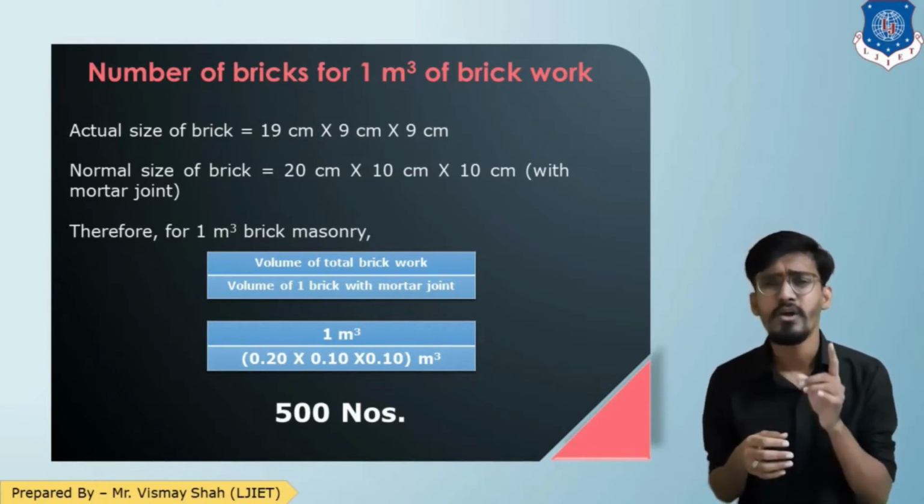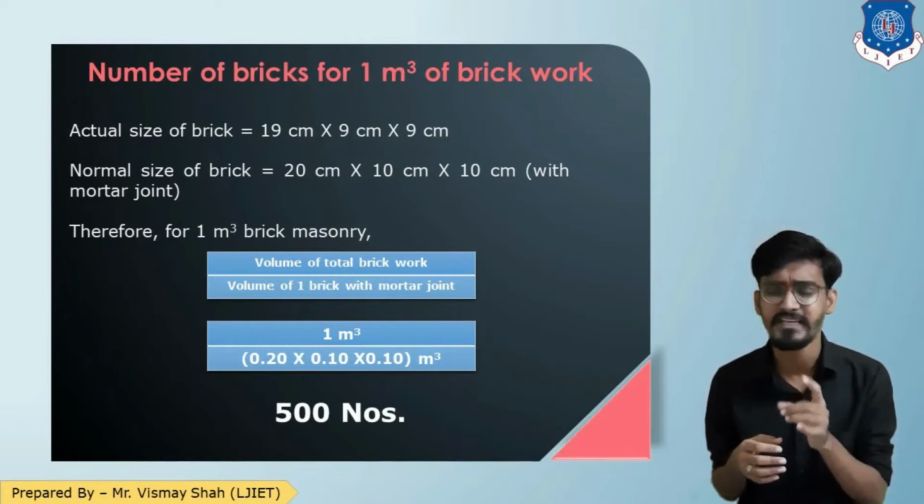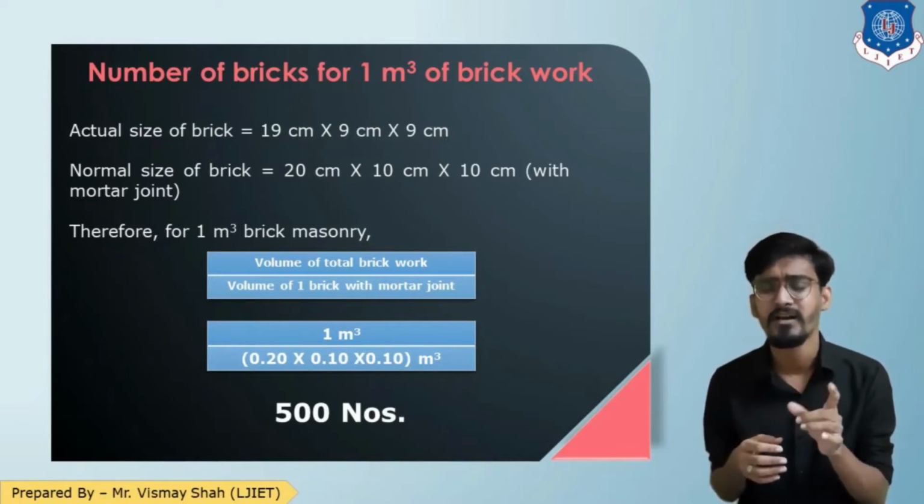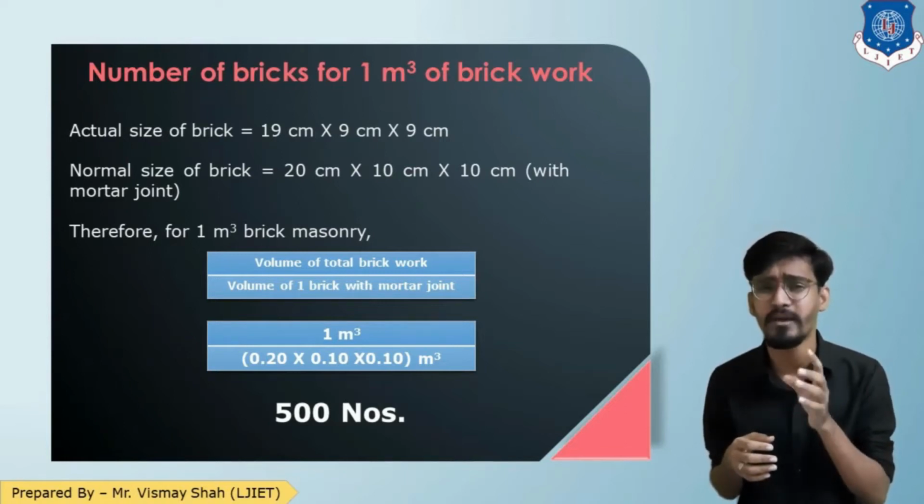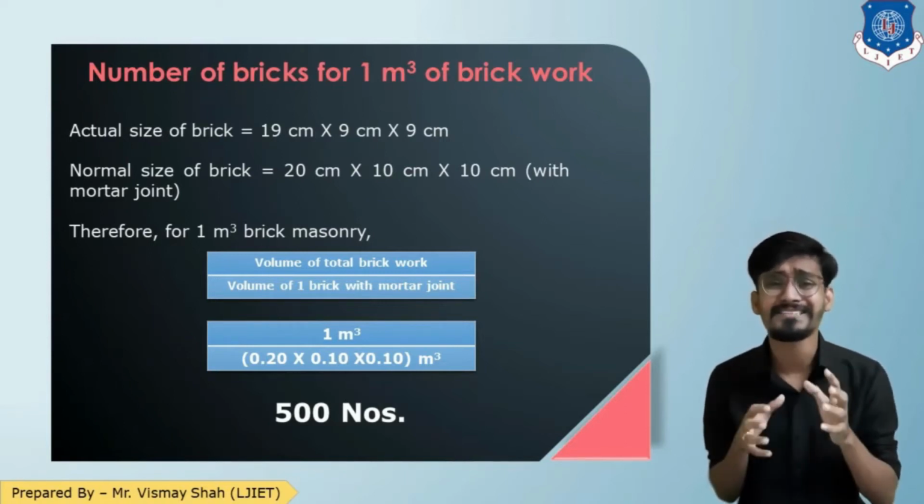Now with mortar joint, the brick size is 20 centimeter cross 10 centimeter cross 10 centimeter. Now to get the number of bricks in 1 cubic meter, let us understand the scenario.